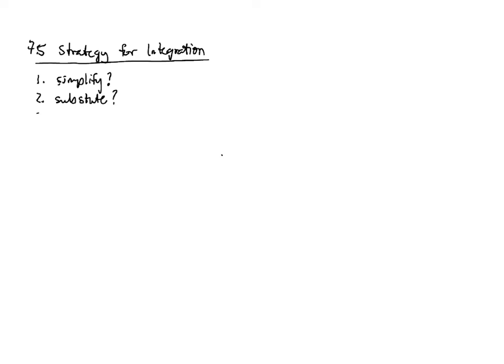And then we have a series of standard techniques that break down according to the sections that we looked at. For instance, if you have trig functions, then you want to employ the techniques from section 7.2.